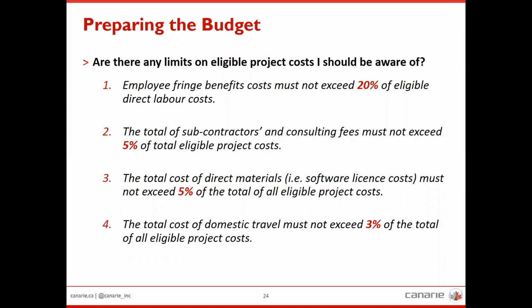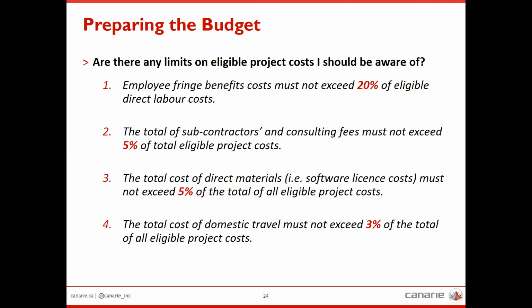Are there any limits on eligible costs that I should be aware of? Yes, there are. We have them here in four sections. The employee fringe benefits cost must not exceed 20% of your eligible direct labor costs. The total of your subcontractor and consulting fees must not exceed 5% of your overall eligible project costs.